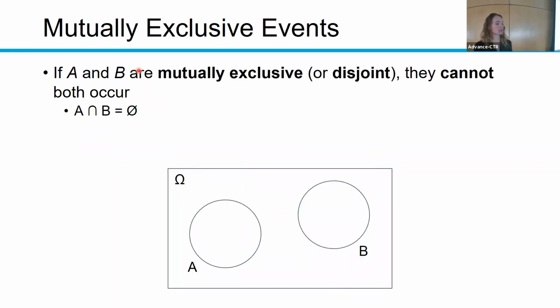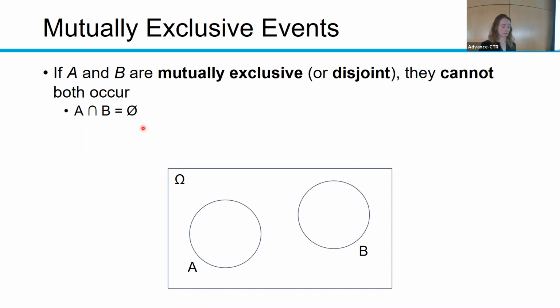So mutually exclusive events. This is a little bit different than independence, and I think sometimes they get confused. If A and B are mutually exclusive, this is also called disjoint. That means that they cannot occur at the same time. They cannot both occur, only one can happen. So the intersection of A and B is the empty set. There's nothing that can happen for both of them to happen. This is like rolling a 2 and a 5 at the same time.